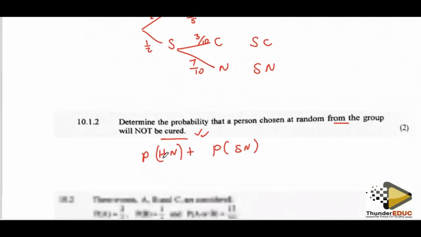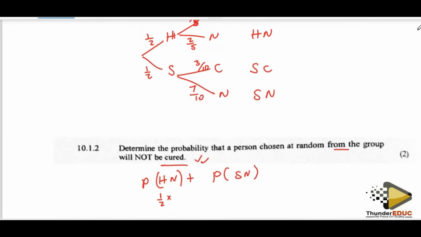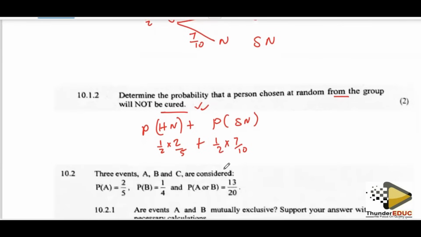For HN, I'll say a half times, not cured is 2 over 5. Then plus sugar not cured is a half times 7 over 10. Okay, I simplify that.